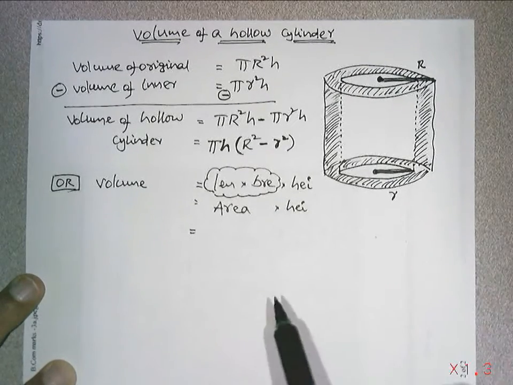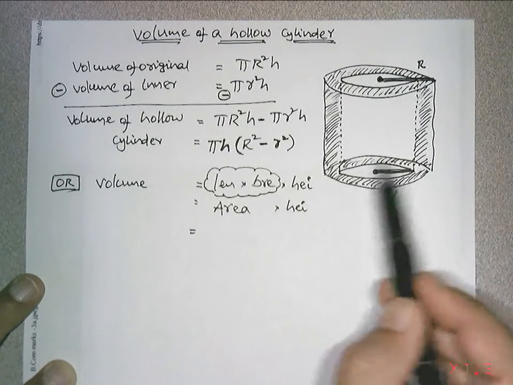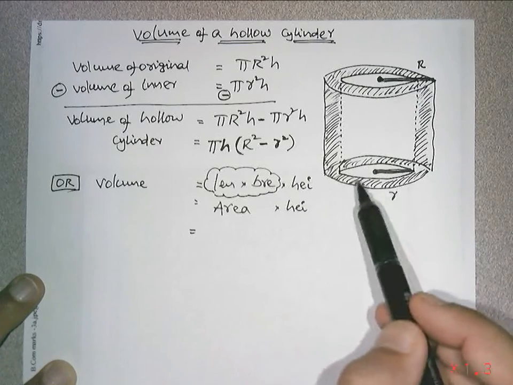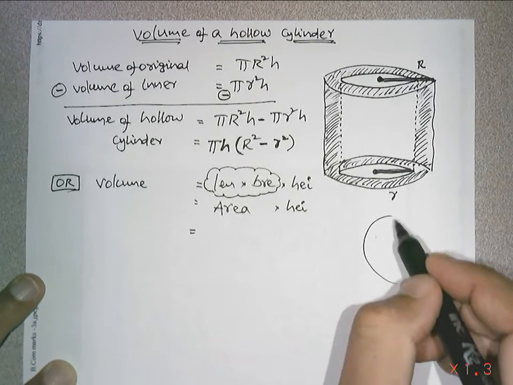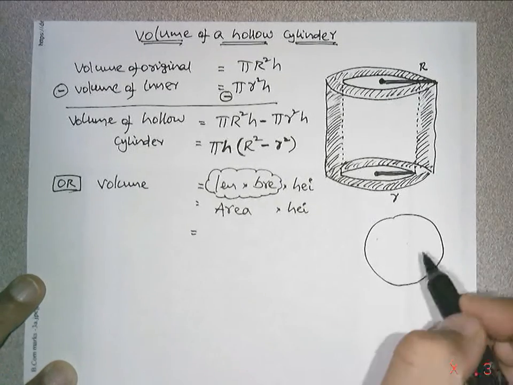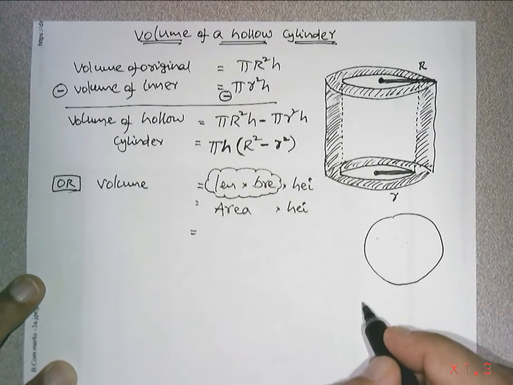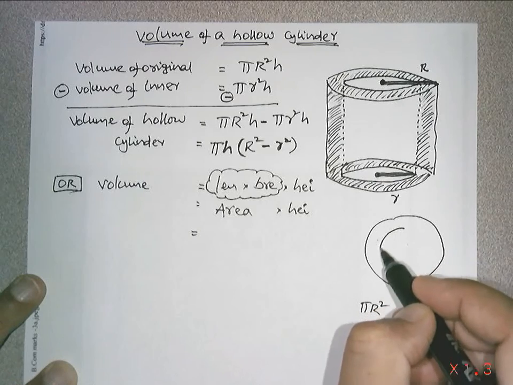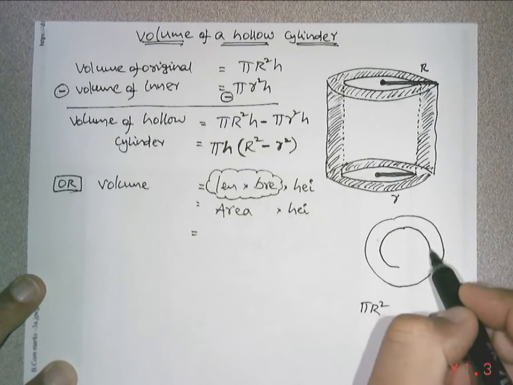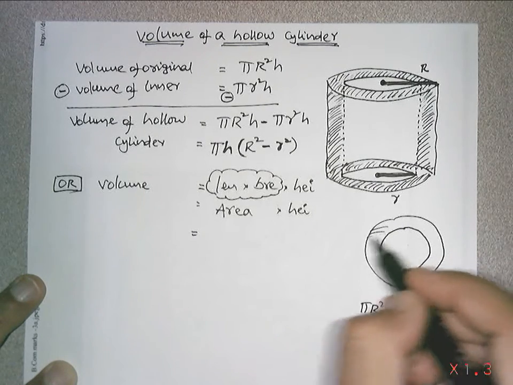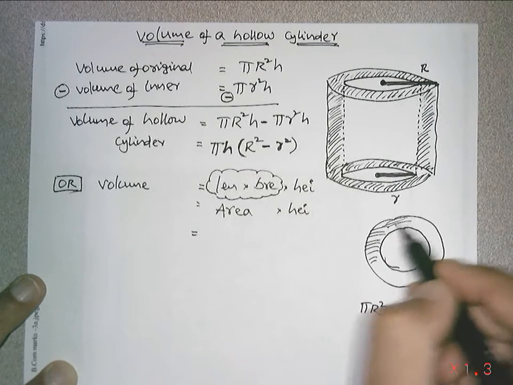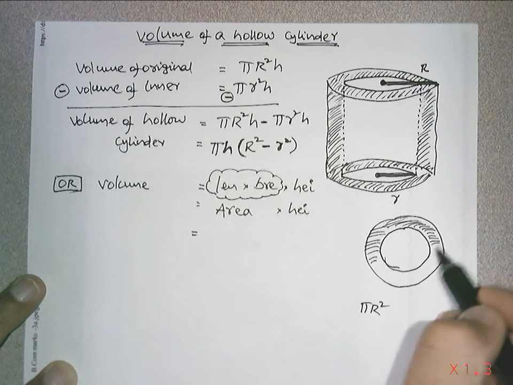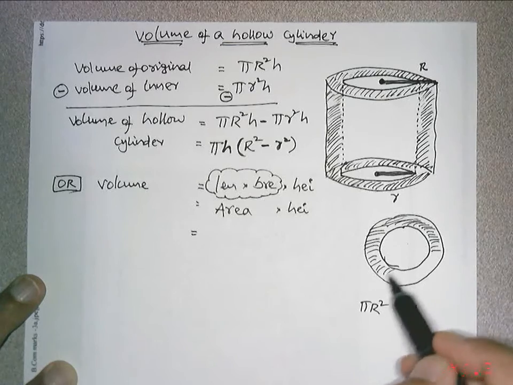If you take this structure, what is the formula for finding the area of the base? You see that there is a circle, and you know that the area of a circle is pi r square. From that, a small circle is removed in order to get this kind of bangle or ring shape structure.